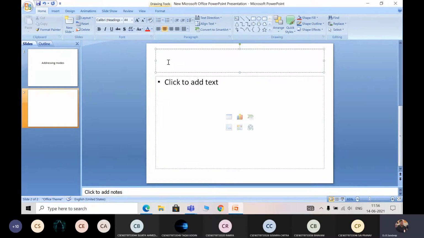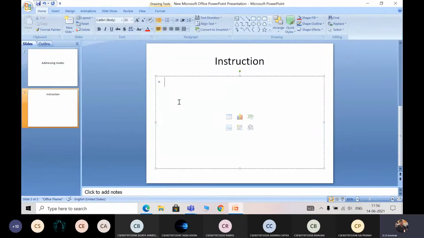If you take any example as a basic instruction, an instruction consists of two things, opcode and operand. Opcode is nothing but an operation code, what type of operation you are performing on the data. And operand is nothing but from where you are going to access the data.